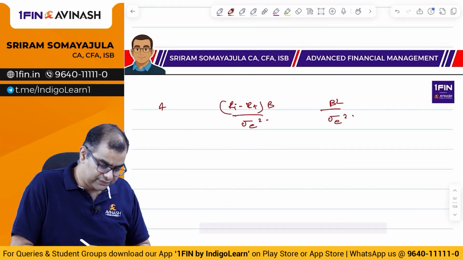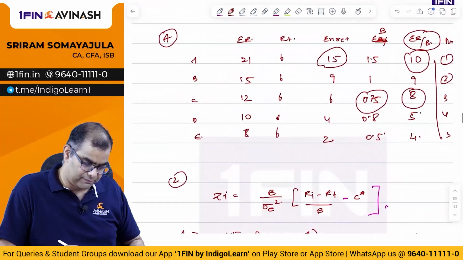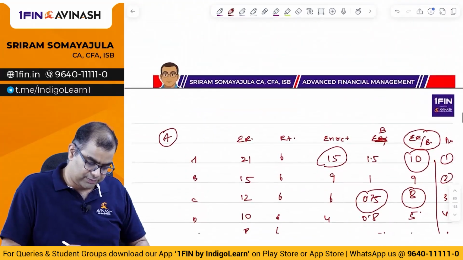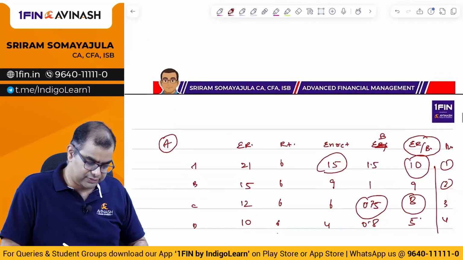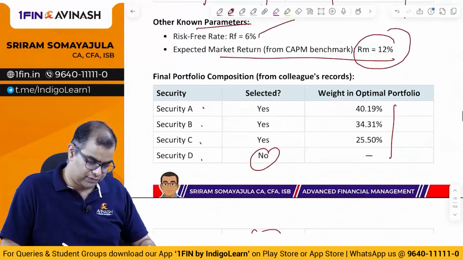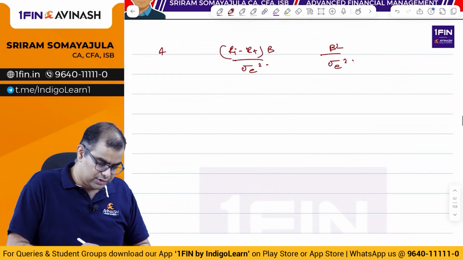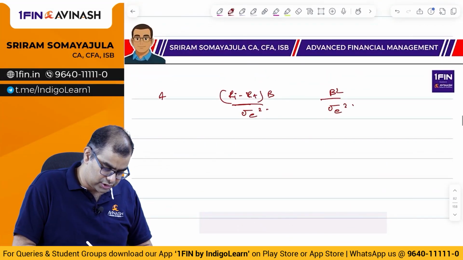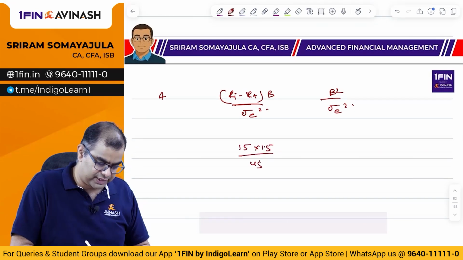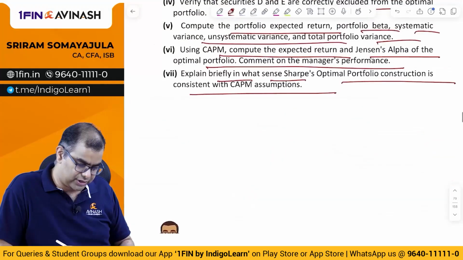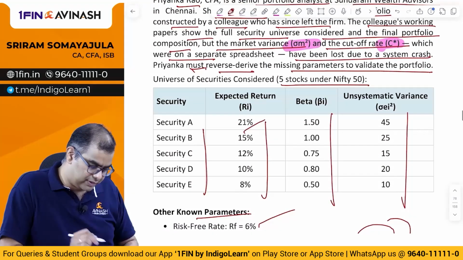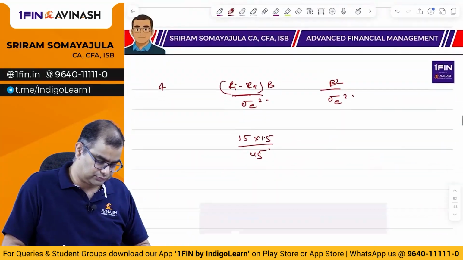What is Ra minus Rf? We got it somewhere, 15, and what was the other, 45? So, Ra minus Rf is 15, beta is 1.5, and this is 45, correct, no? 21 minus 6, yes.